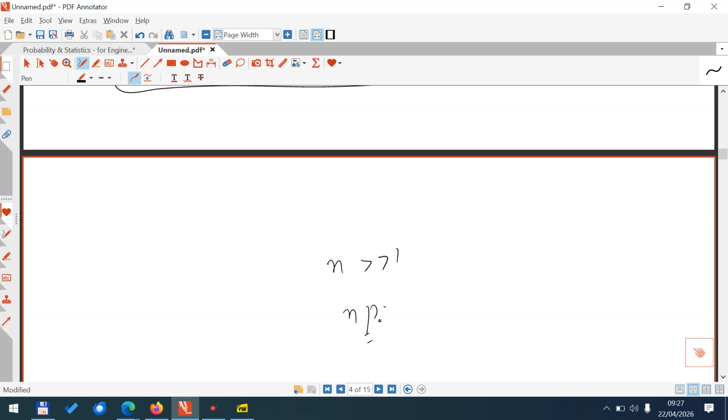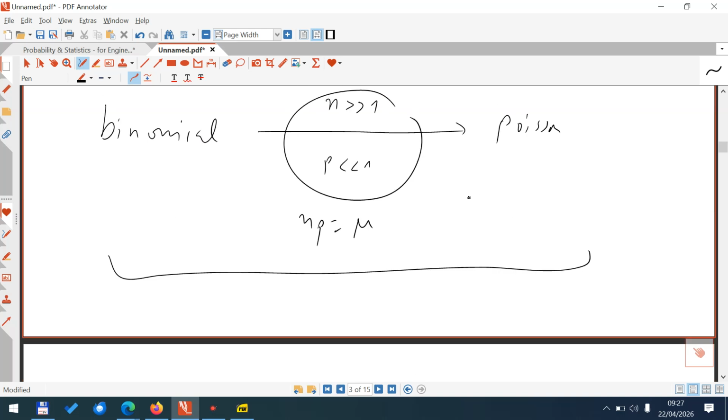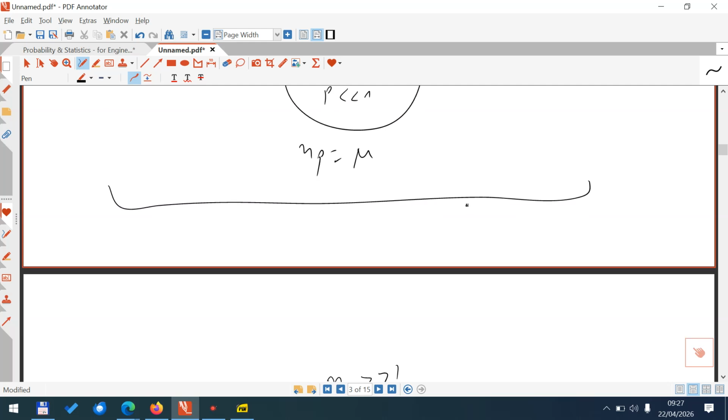I simply forgot that reasoning. So n times p and n times p times 1 minus p, something else is also very large, and then Poisson doesn't work. So you somehow end up at what we call the normal distribution.